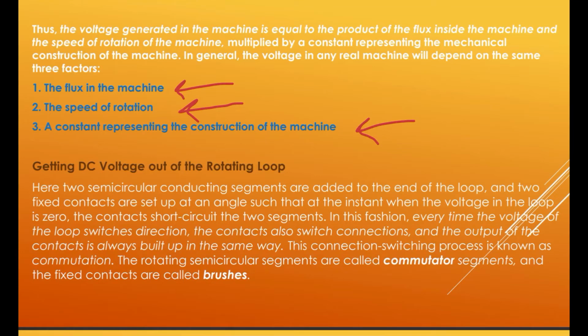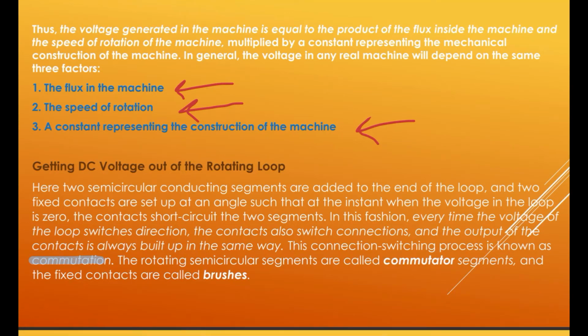In this fashion, every time the voltage of the loop switches direction, the contacts also switch connections, and the output of the contacts is always built up in the same way. This connection switching process is known as commutation.